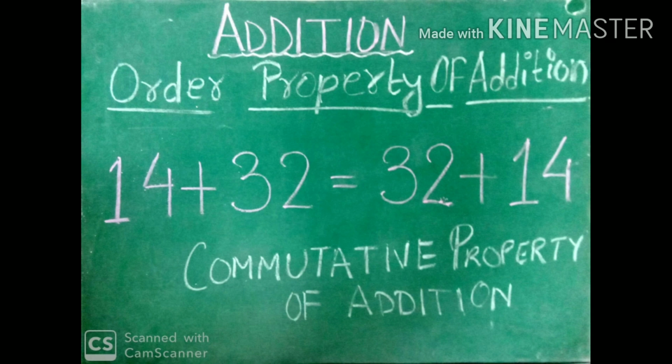Thus, 14 plus 32 equals 32 plus 14. Thus, we know changing the order of addends does not change the sum.